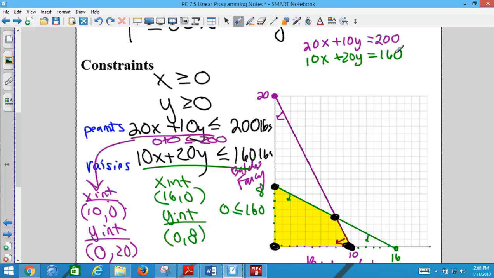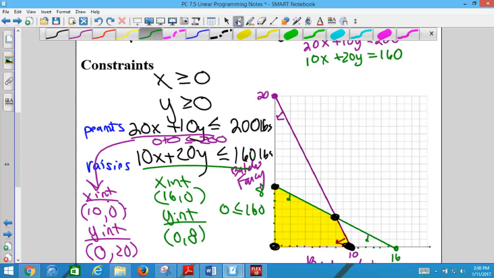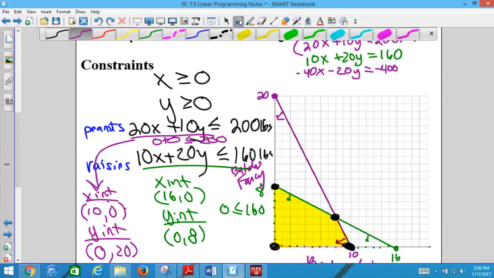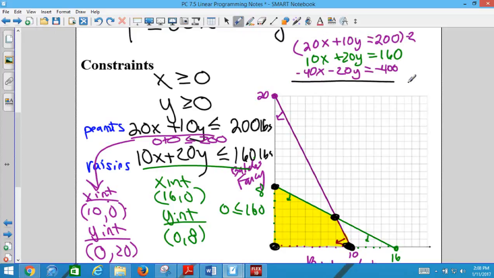Which one should I change? Top by -2? Sure. It doesn't really matter. You pick one and you go with it. I'll multiply the top by -2. That's going to give me -40x minus 20y equals -400. So I get -30x equals -240.